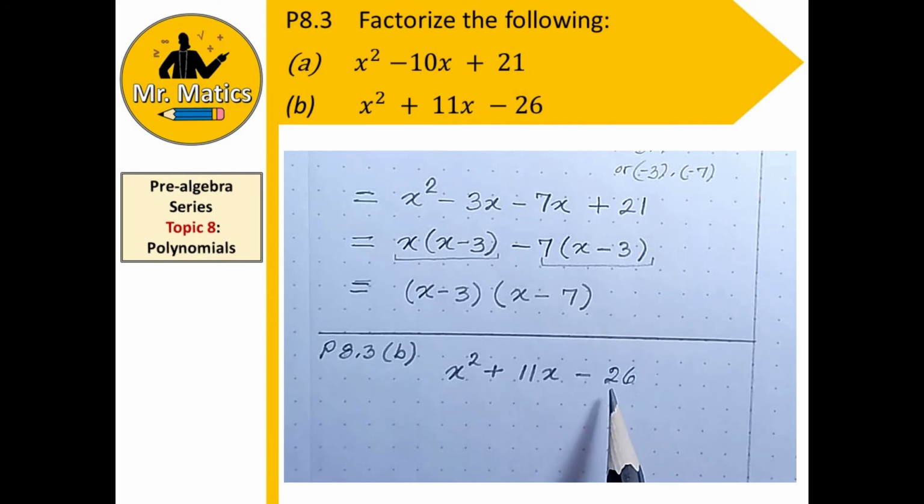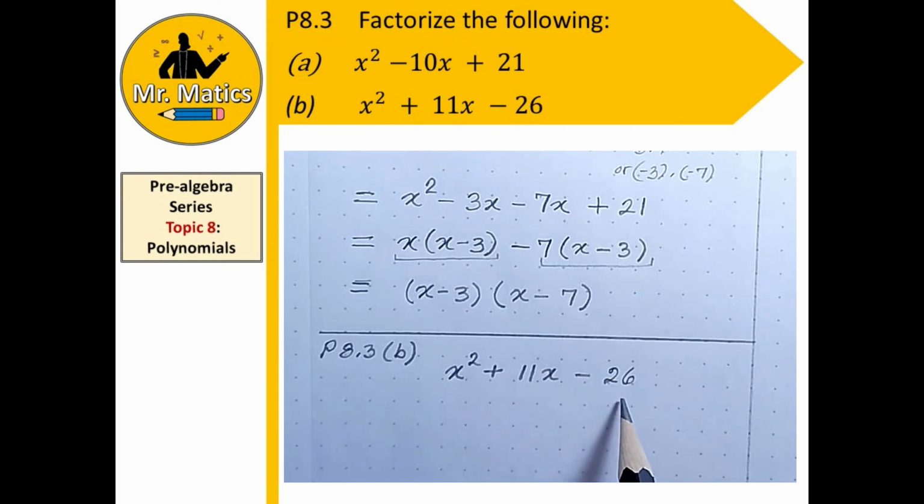Now 26 is 2 times 13, and we know that 2 and 13, if we take the difference of 13 and 2, you will get 11. Also, make sure that you take the negative sign and the positive sign into account. So if this is a negative sign, that means that something minus something has to be what 11 is broken into, because if they are multiplied to each other, you should get a negative sign.